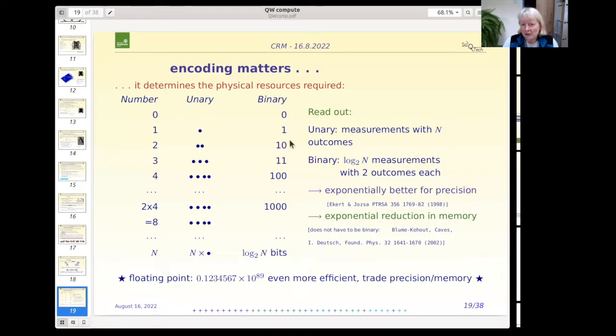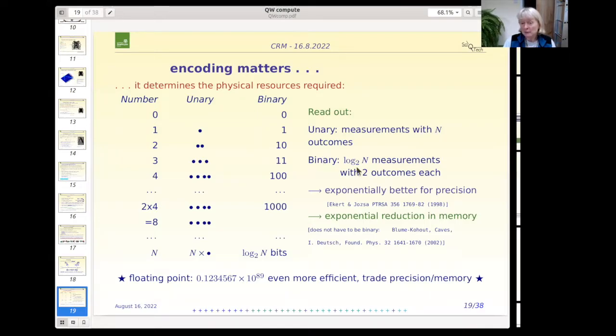And then here's binary, and it doesn't look too different until you realize that there are only a logarithmic number of bits compared to the number of vertices we've got. And then we look at the readout. So if you want to do a unary encoding and you want to find what your output is, if each one of your spots on a graph is a different number, you've got measurements with n outcomes.